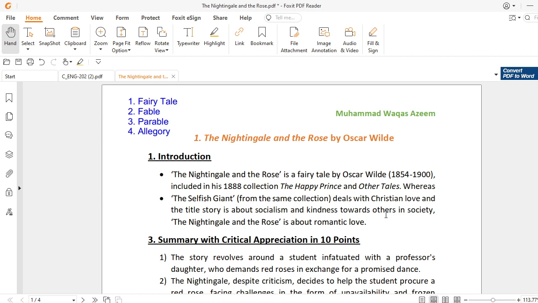He is primarily known for The Picture of Dorian Gray, and he wrote a drama that we studied in our MA, The Importance of Being Earnest, a very good drama. Oscar Wilde is an Irish writer.